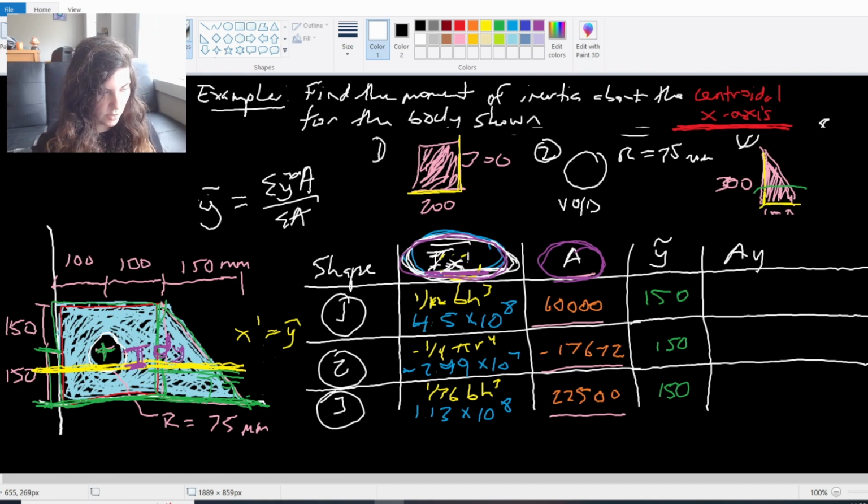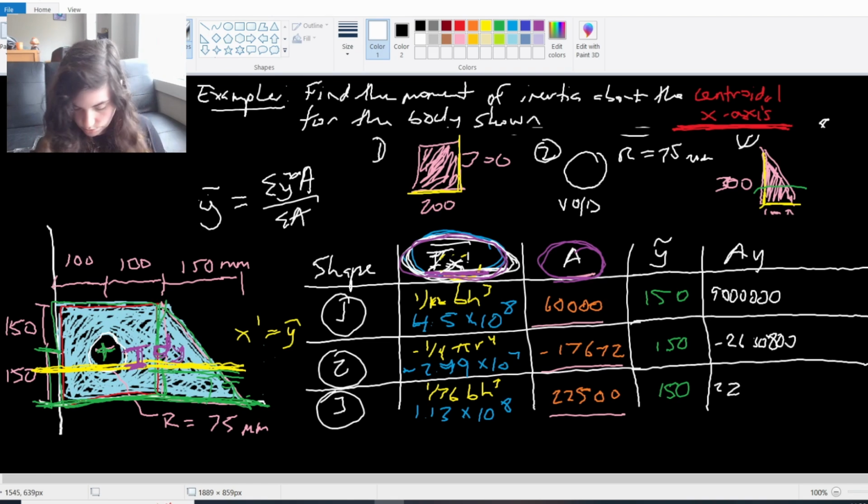So my Ay term, I'm going to have 9 million for my rectangle, then another really big long number for my void, and it is negative, so it gets subtracted out. And then 225,000, just multiplying across A times y.